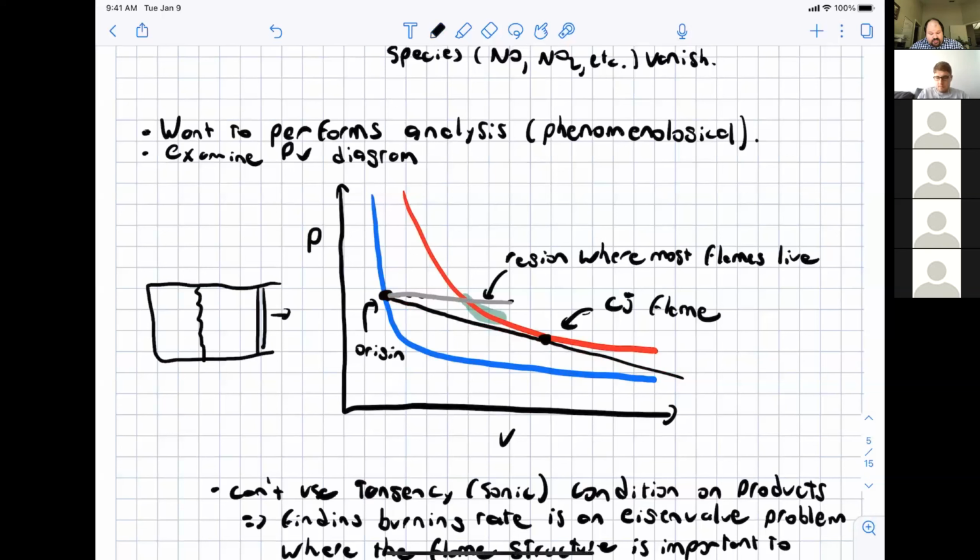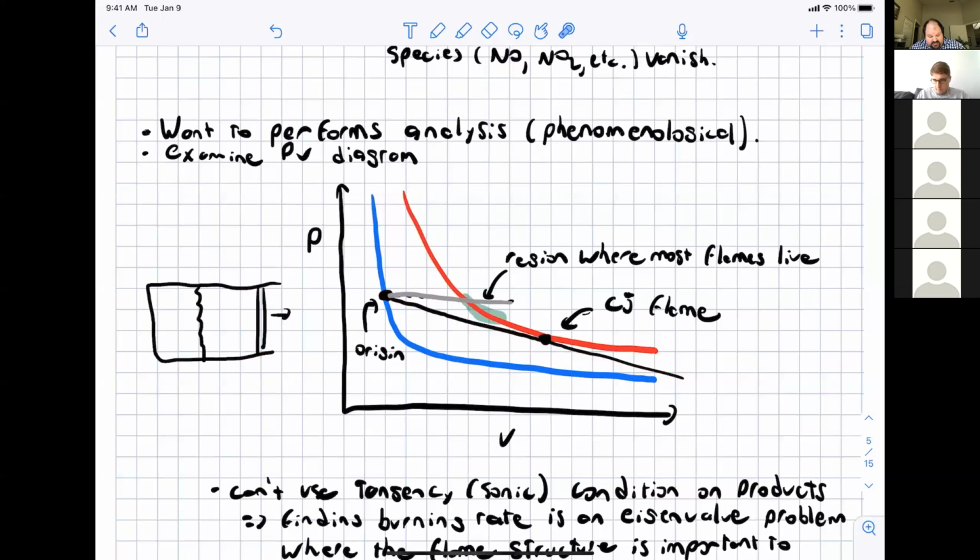And the Mach number of this precursor shock can be on the order of 2.5 to 3. The shock will be moving faster than the flame, so there's more distance between here and here. So you have these high temperature shock heated gases that can ignite and burn on their own if there's enough distance between the shock and the flame. And so actually CJ flames for that reason are very unstable.